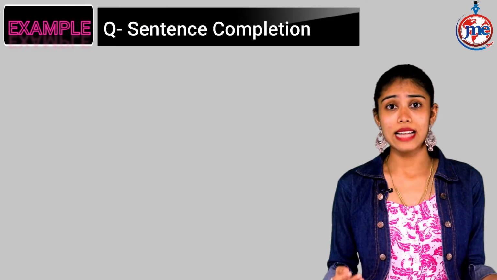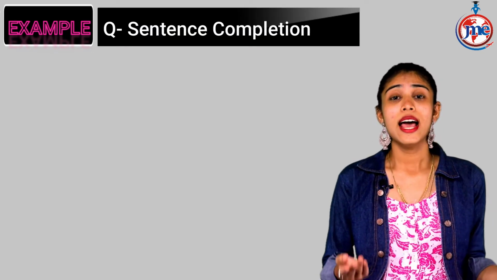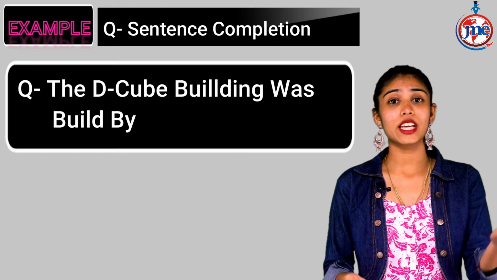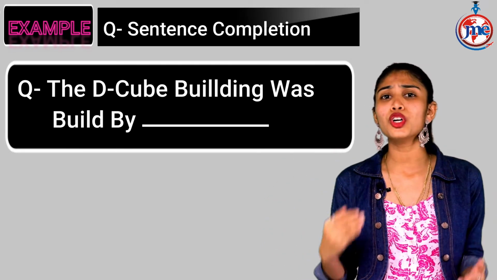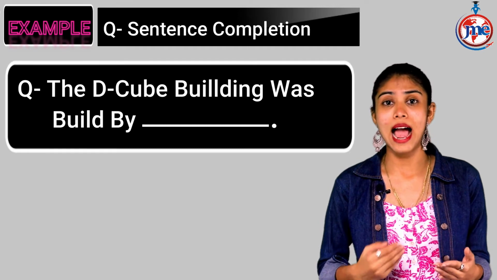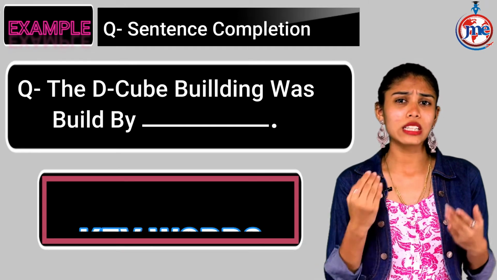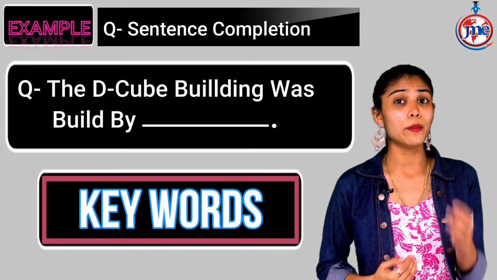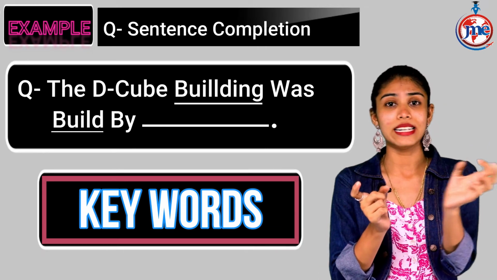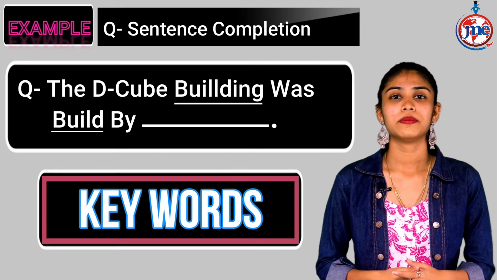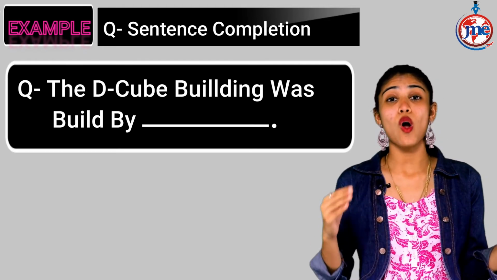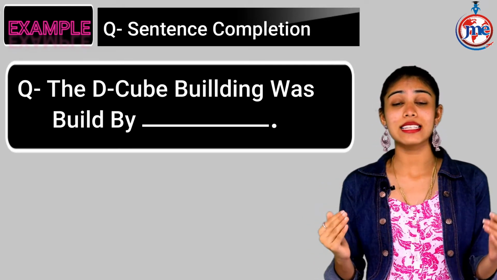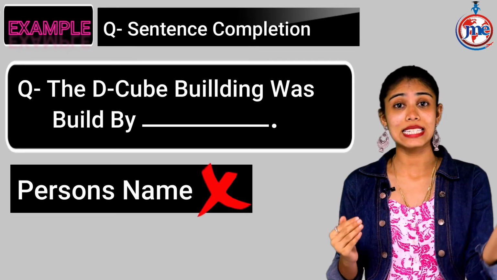Students, for example, if the question is asked of sentence completion and the question is like the D-cube building was built by dash. So what you have to do is you just have to underline the keywords. Now for this question, keywords are building and built. So I will underline that. Now for this question, you all will think that answer must be a person's name.